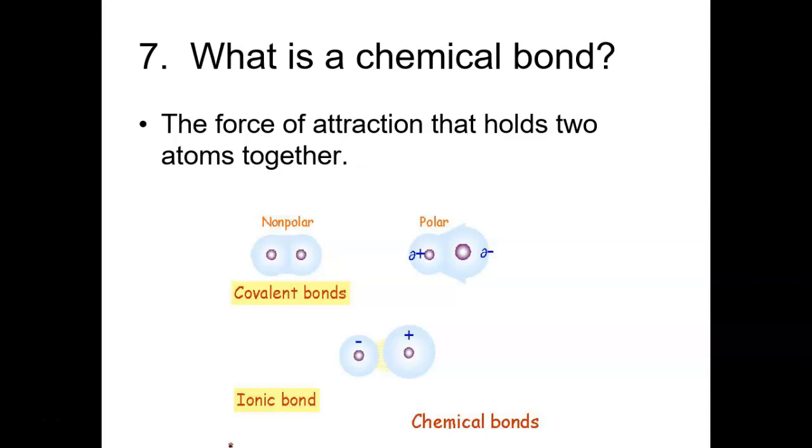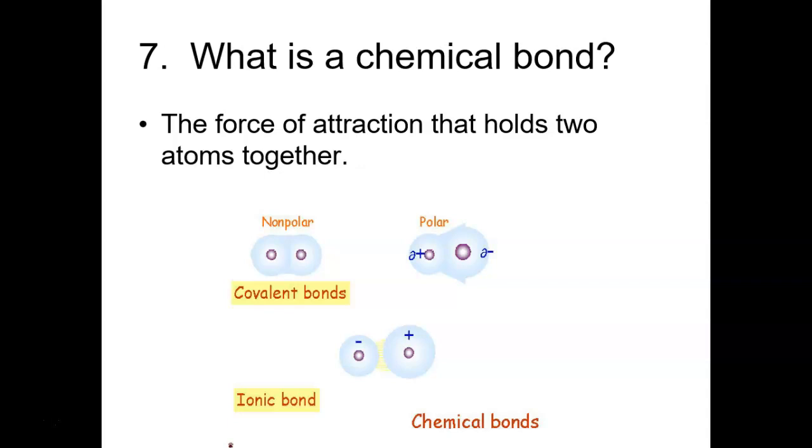We know from much earlier in the year that a force is a push or a pull. In this case, a chemical bond is a force or a pull between two atoms that holds those two atoms together.